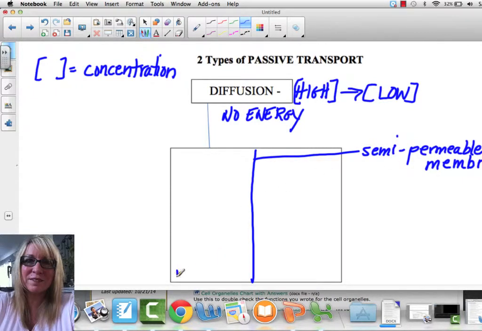And say this is going into the cell, and this is going out. So here we have a low concentration of molecules. So I'll put a little key here. This is going to equal a molecule.